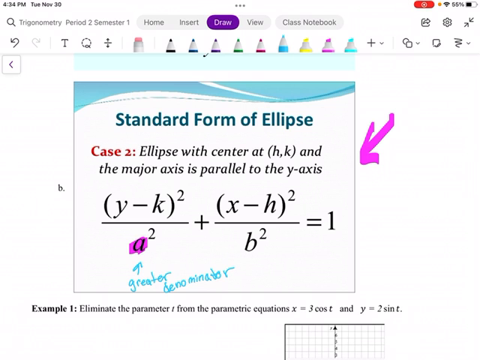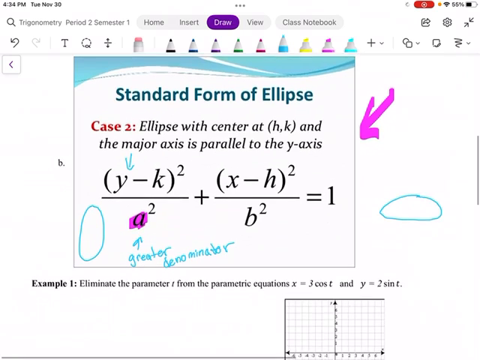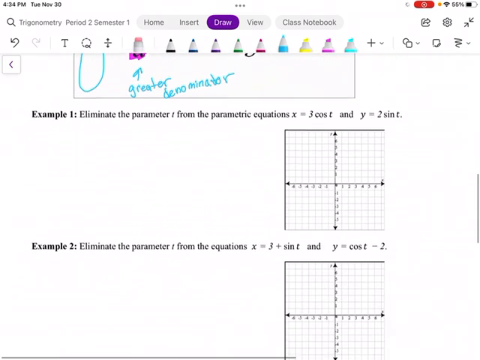If it is underneath the y, then our ellipse is going to be longer going up and down. If our a value, or if the greater denominator is under the x, then it is going to be longer going left to right. So that's just a quick review of our ellipses and circles.